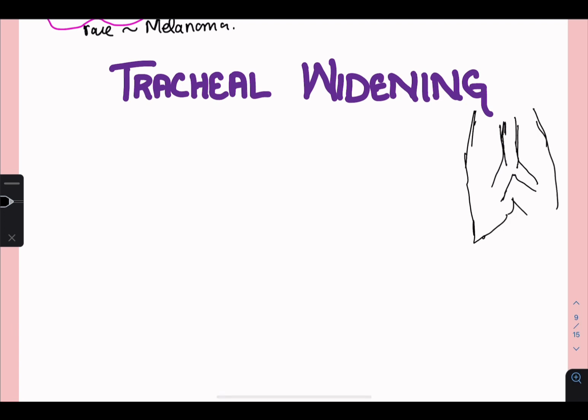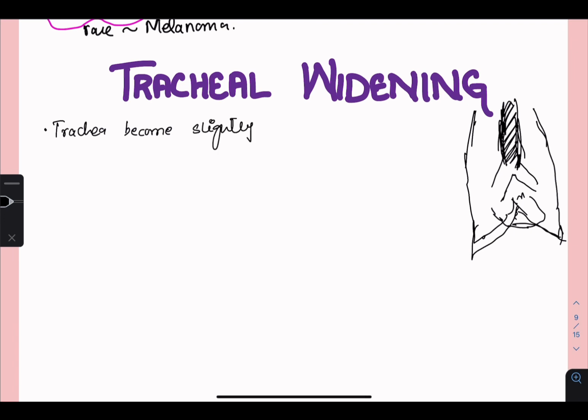This is the trachea showing widening. The trachea normally widens or becomes slightly larger with increasing age.